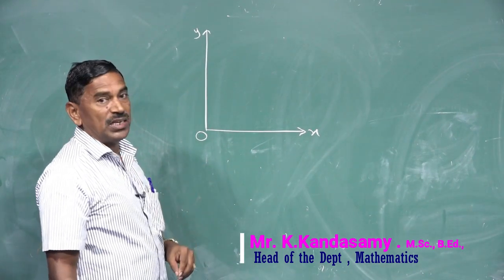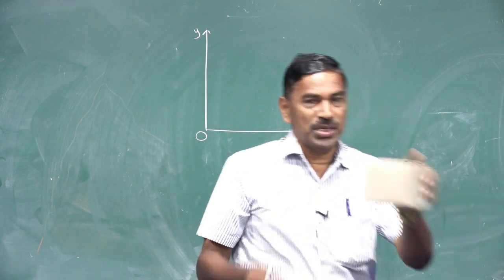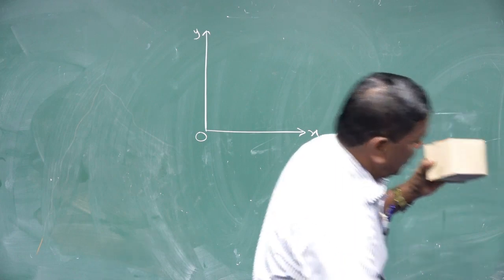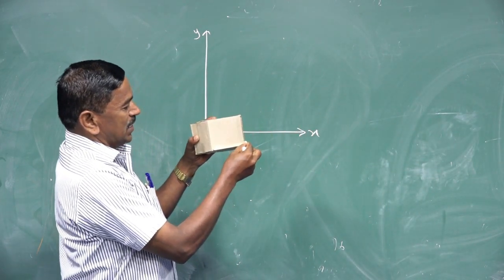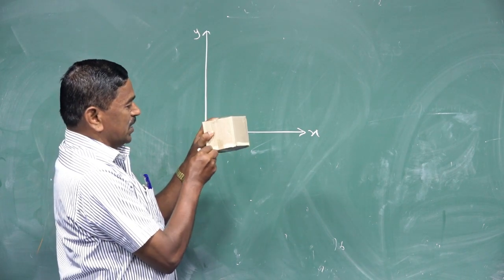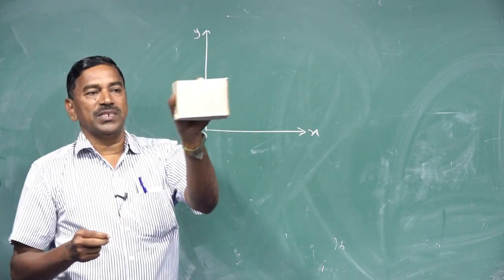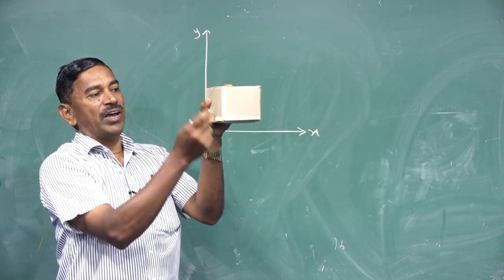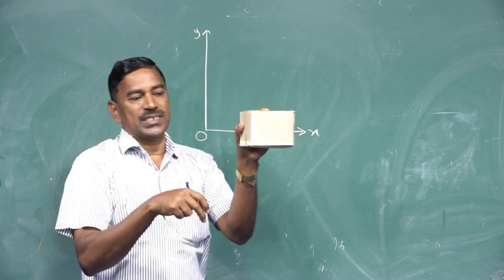Now, today we are going to see three dimensions. Three dimensions means, say, you want to think of an object in space with the x-axis, y-axis, and z-axis, where the x-axis, y-axis, and z-axis are perpendicular to each other.